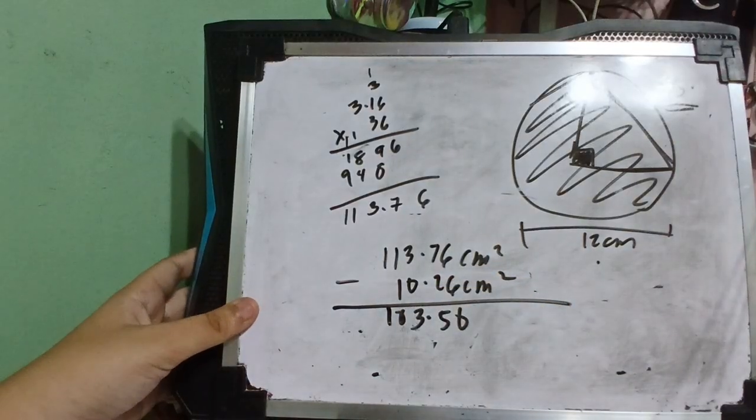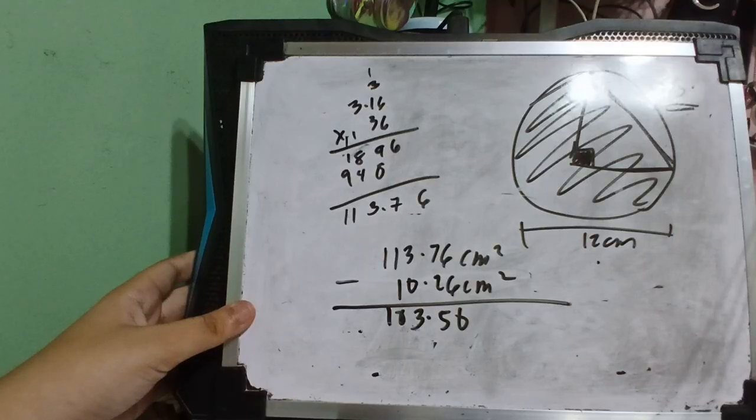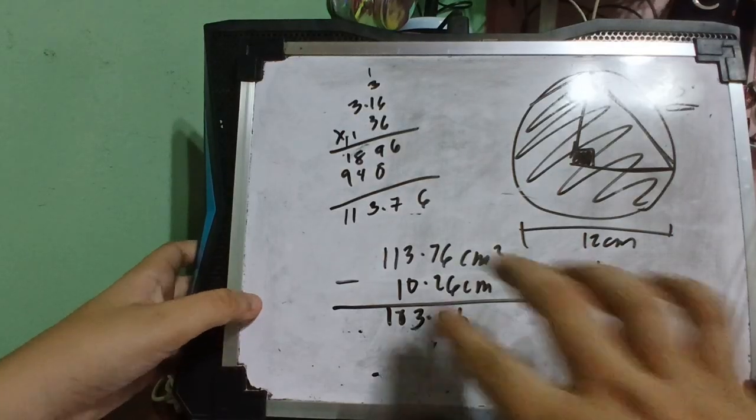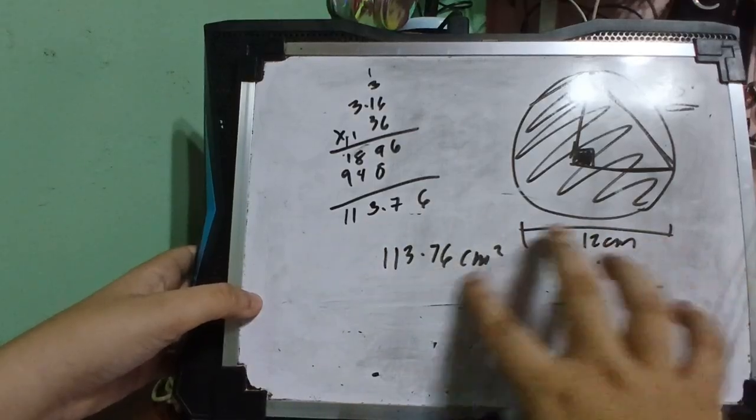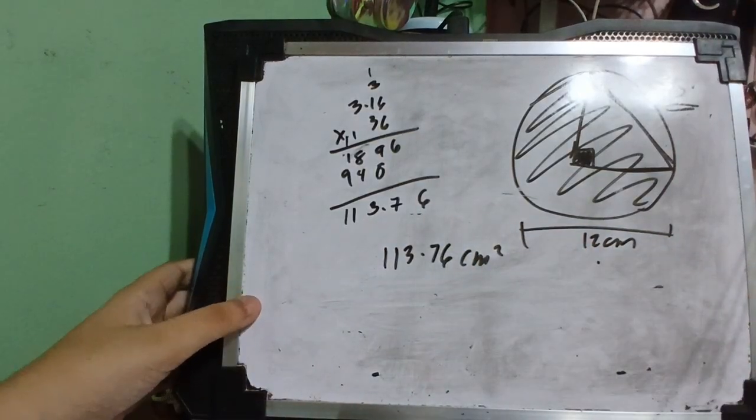So it becomes 103 point, is it 103? 10.26? Wait lang, I forgot kanina.